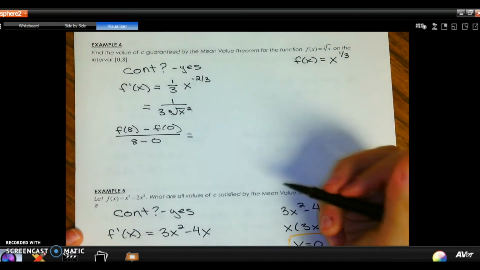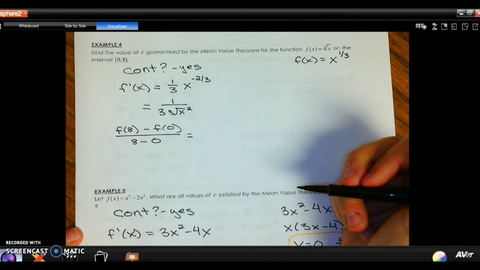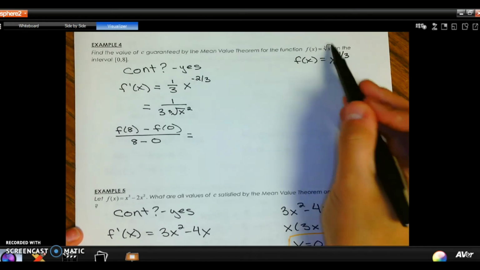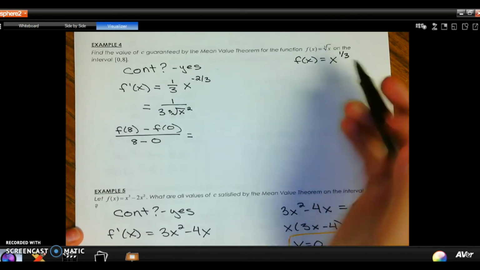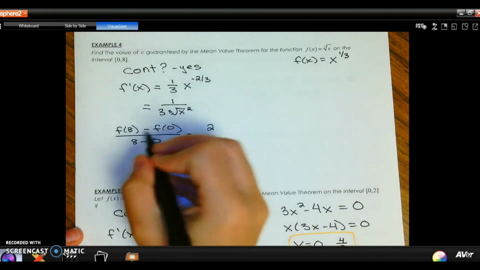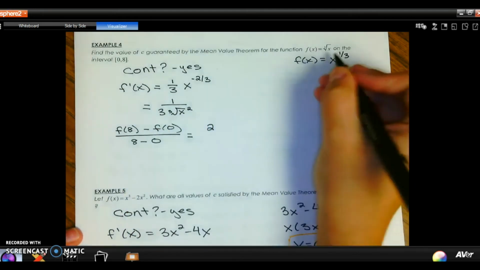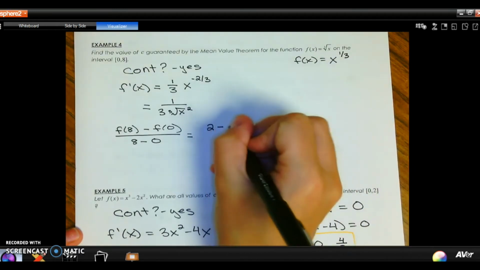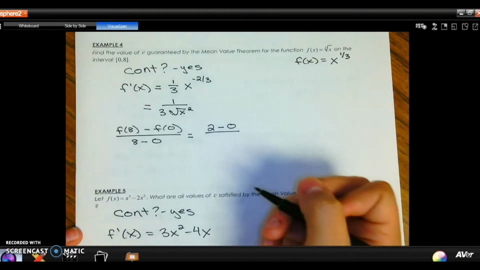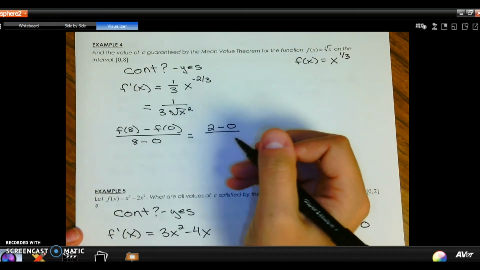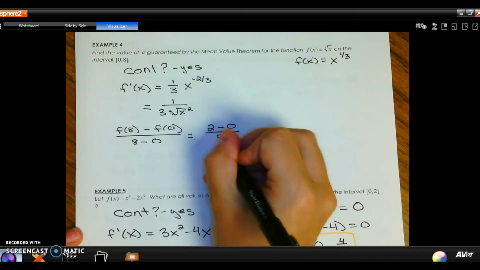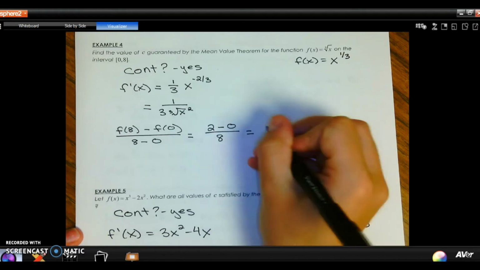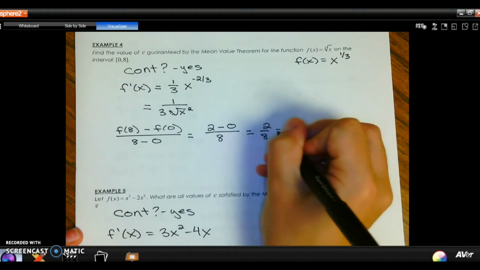When you plug in 8, the cube root of 8 is 2, so I get a 2 there, minus, what do I get when I plug in 0? The cube root of 0 is 0, so it's minus 0, all over 8 minus 0 is 8, so then I get 2 over 8, which is 1/4.